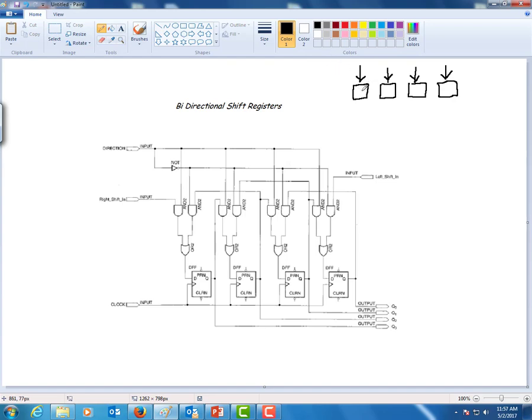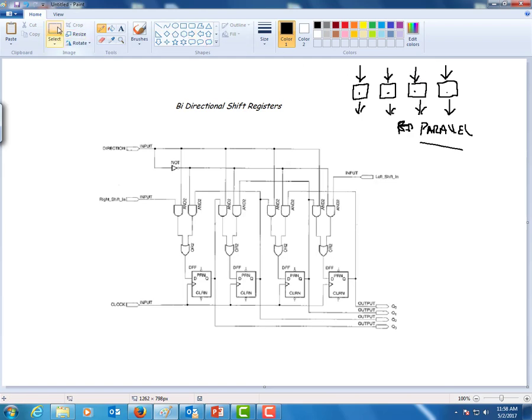One clock pulse, and this whole register is filled with the values at the inputs. Then you clock it again, and these all exit, and they're replaced by new values. This is a parallel shift register, as opposed to the shift right and shift left.